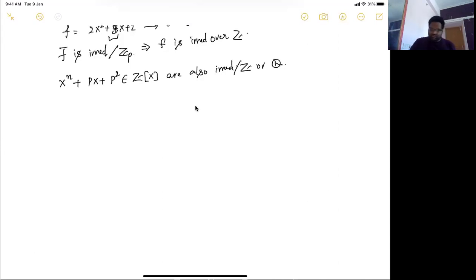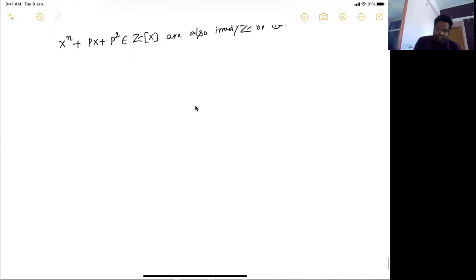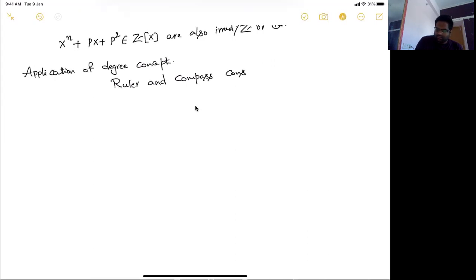So this comes under applications of all the concepts we have learned. The title is ruler and compass constructions.